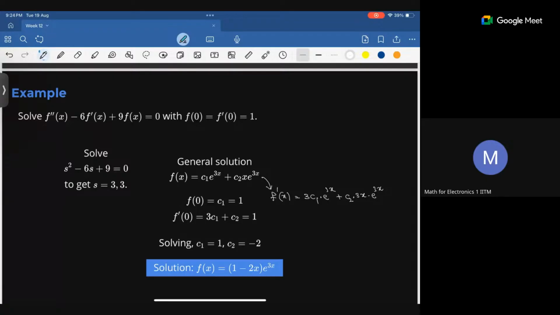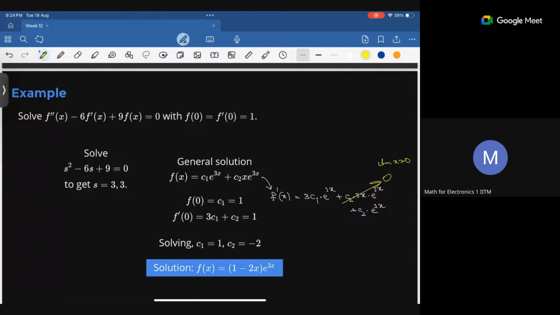So you have to take the derivative of e power 3x first, then plus we'll have one more term, c2 into derivative of x is 1, so e power 3x. Right, so when I substitute x is equals to 0, this term will vanish. This term will go to 0 when x is equals to 0. So all we are left with is 3c1 plus c2, that should be equals to 1. So since we have c1 to be 1, if you substitute here, you will get c2 to be minus 2.